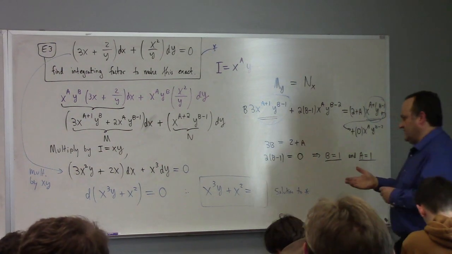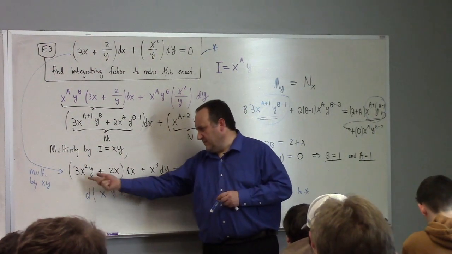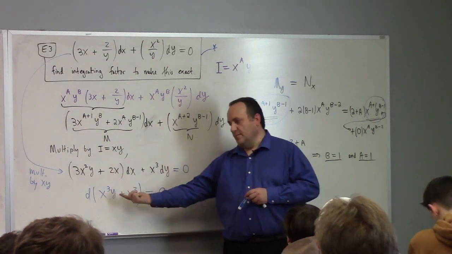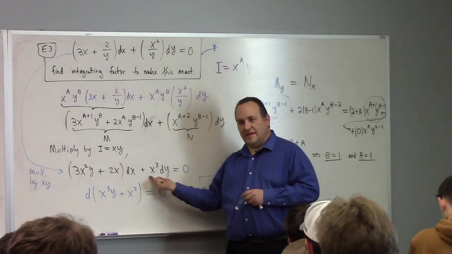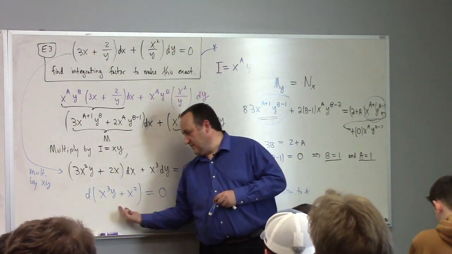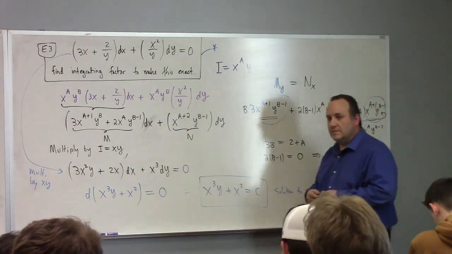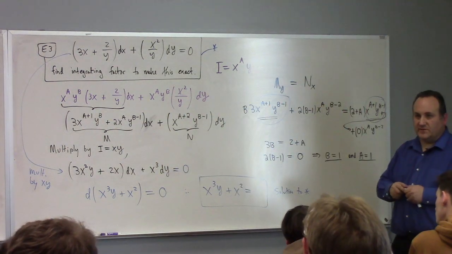Do you believe this? If I take the total differential of this, partial x gives me 3x squared y plus 2x. That's this piece. Partial y gives me x cubed. That's that piece. So the differential of this is that, which means that this function, its level curves are the solution to that differential equation.